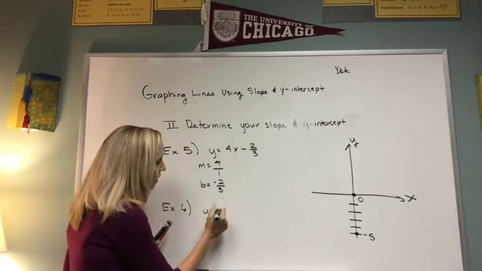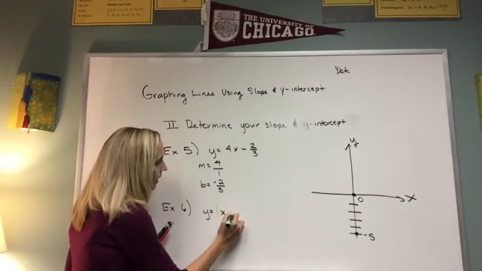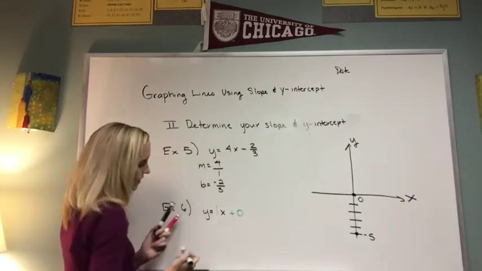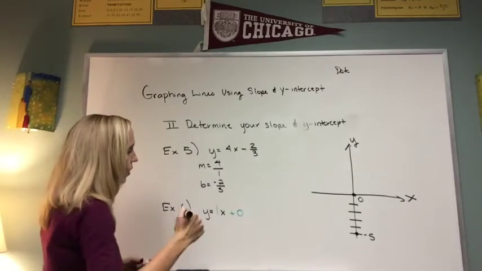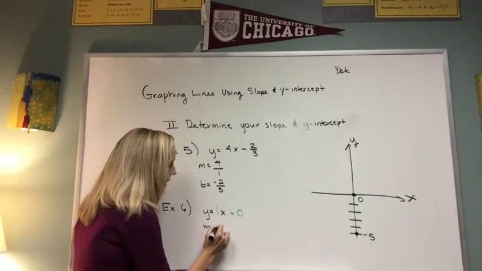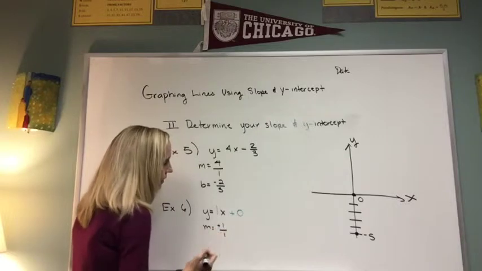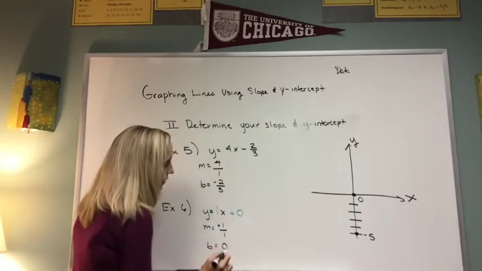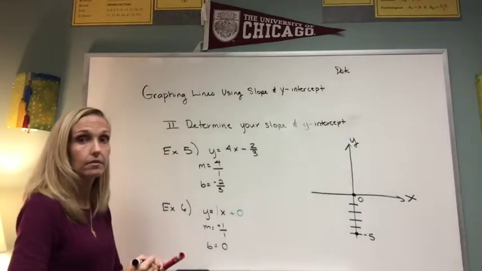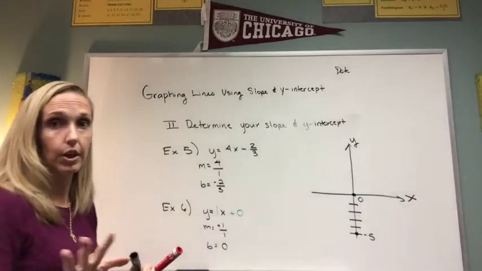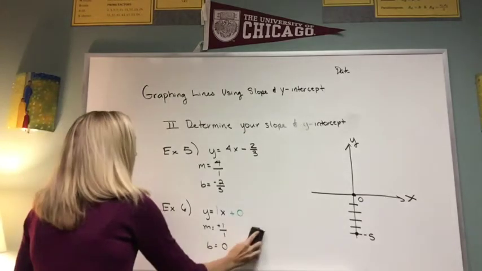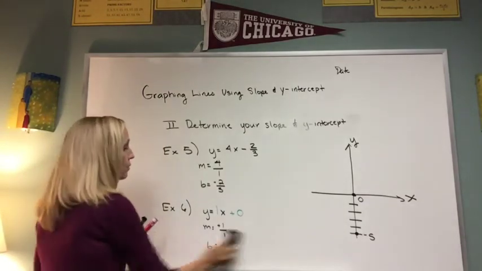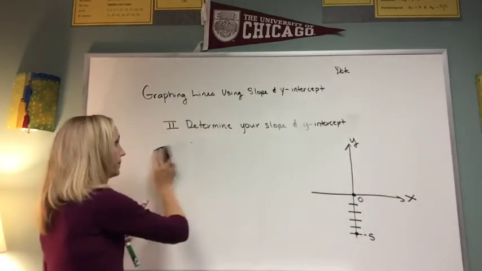Because really my number here is a 1 and I have an intercept of 0 here. So my slope here is +1/1 and my y-intercept is 0. Correct? We're good? Okay. Now pause if you need to write it down because we're moving on to topic number 3.